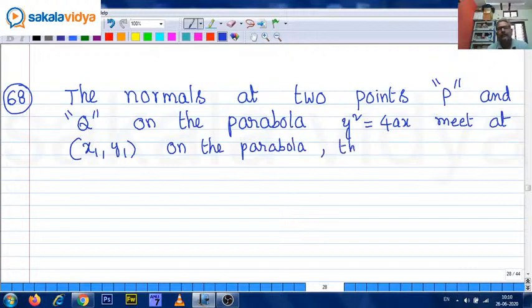Then PQ square, the square of the distance from P to Q, we need to find out.